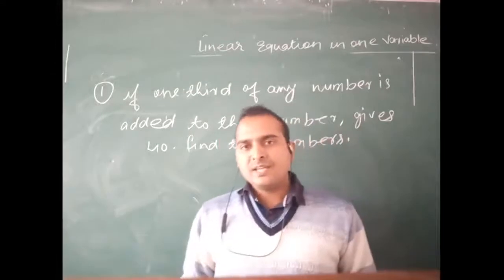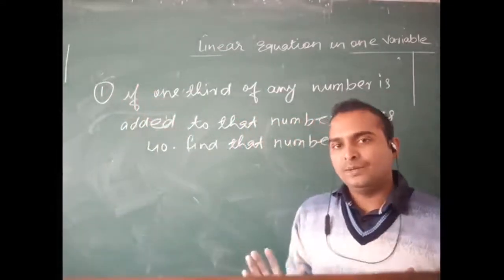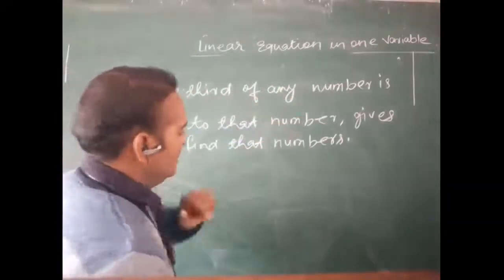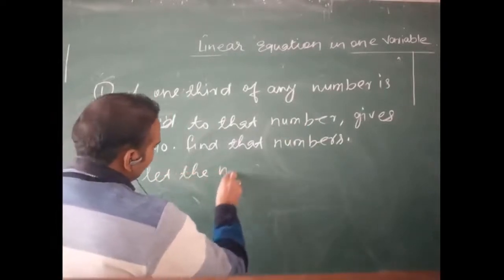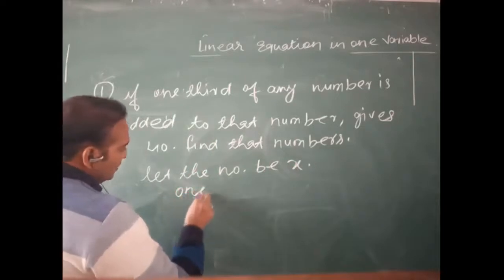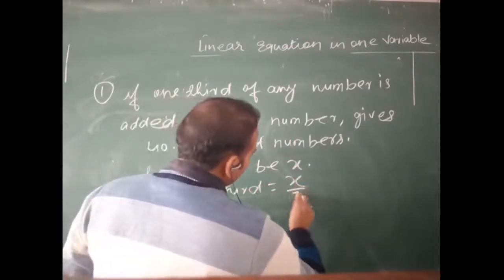How to solve? The main thing is to write this statement as an equation. 1/3 of any number. Let the number be x. Then its 1/3 will be x by 3.